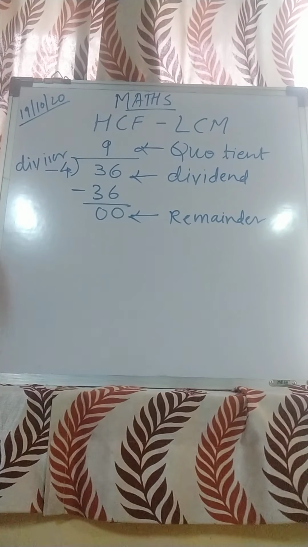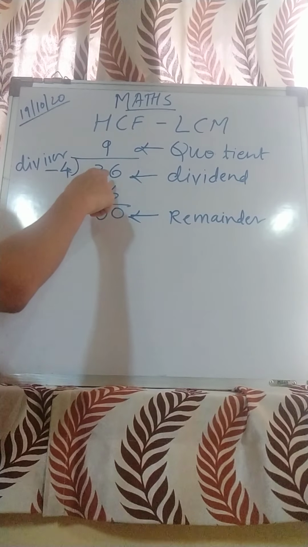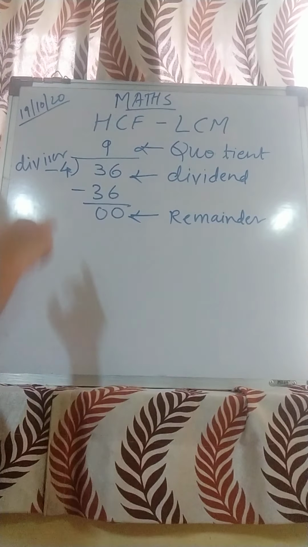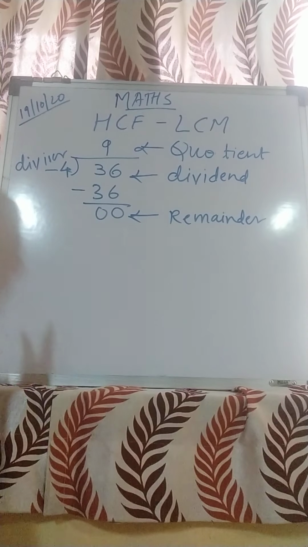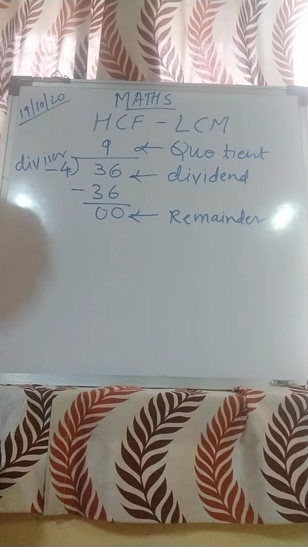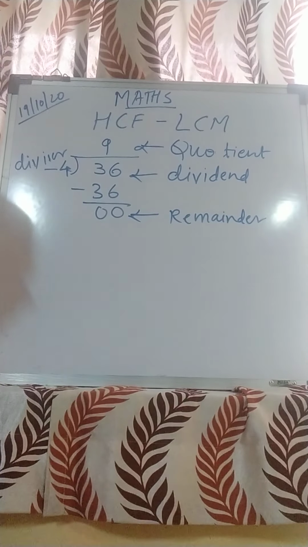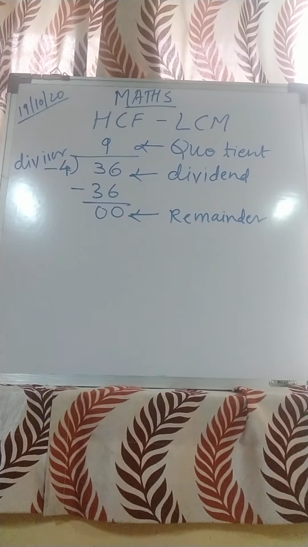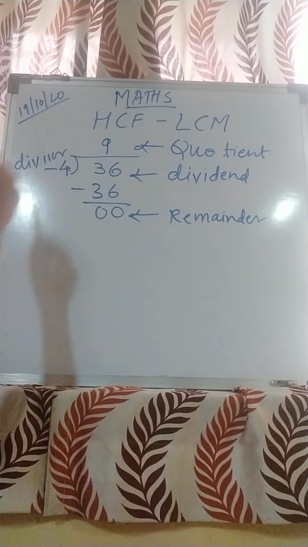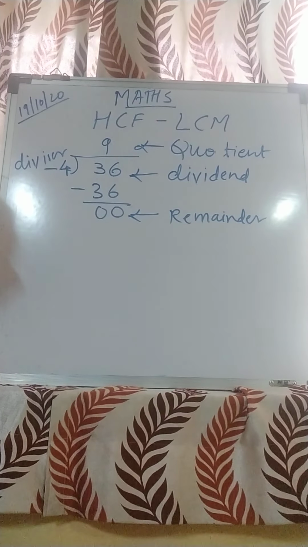In this case, the number which we are dividing is called the dividend. The number by which we are dividing is called the divisor. The answer is called the quotient, and the remaining number is called the remainder. Now see, this divisor is a factor of this number.